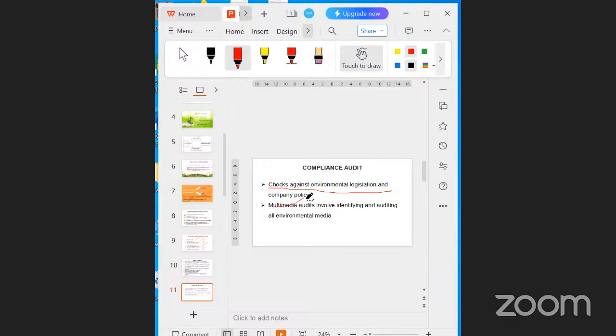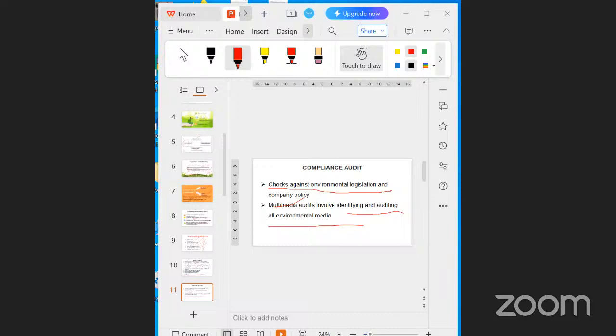Multimedia audits involve identifying and auditing all the environmental parameters. What are the environmental parameters? Like air, water, waste, etc., which are applied to the company.